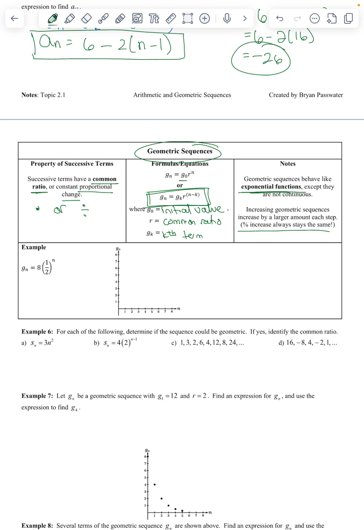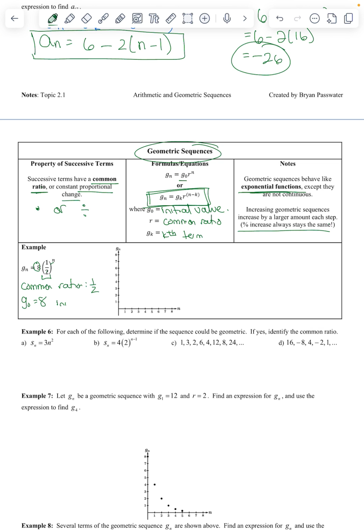Here, the number with the exponent is our common ratio, which is 1/2. This tells me that each number is multiplied by a half from one to the next. And the 8 is my g of 0.